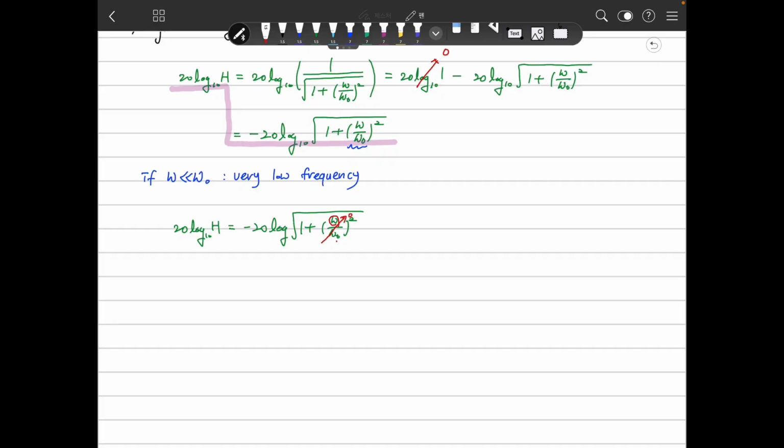That will be very small, basically 0. So there will be minus 20 log 1, so there will be 0.